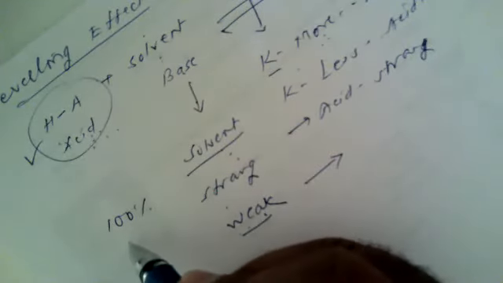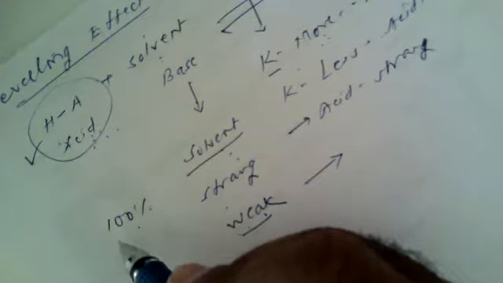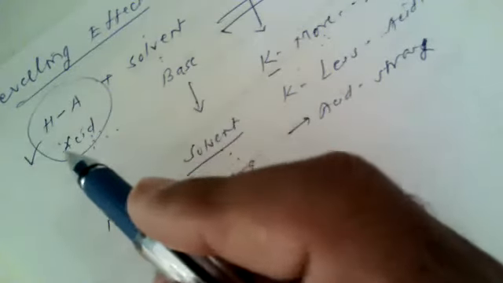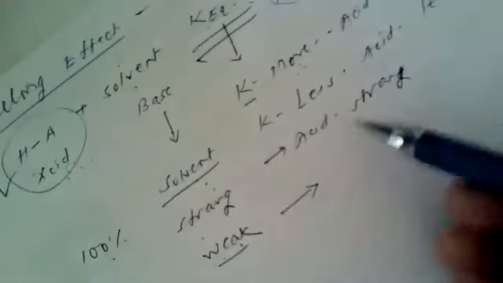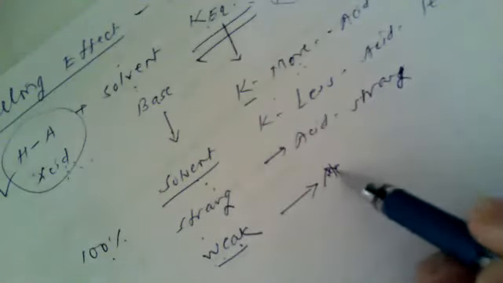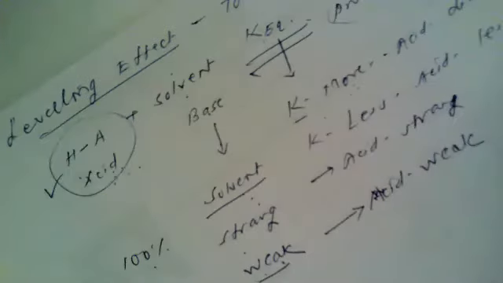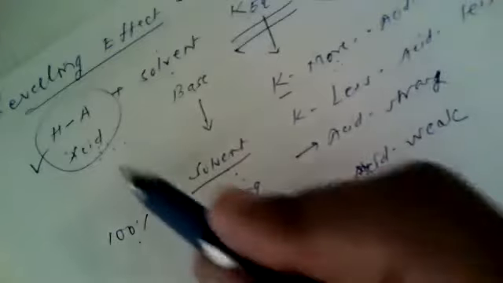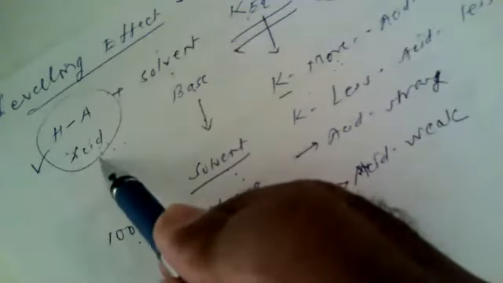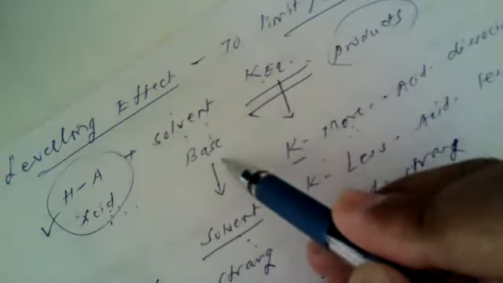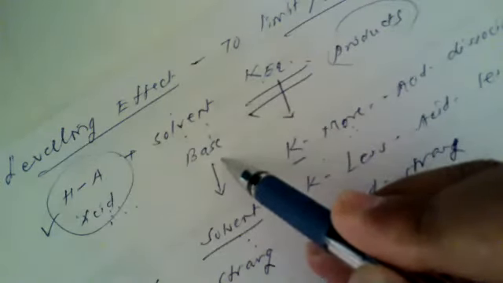That means there is no 100% dissociation, and only a few H plus ions are furnished by this acid. Under such circumstances, the acid is regarded as weak. So indirectly we can conclude that the dissociation of the acid is completely governed by the base involved in a particular chemical reaction.